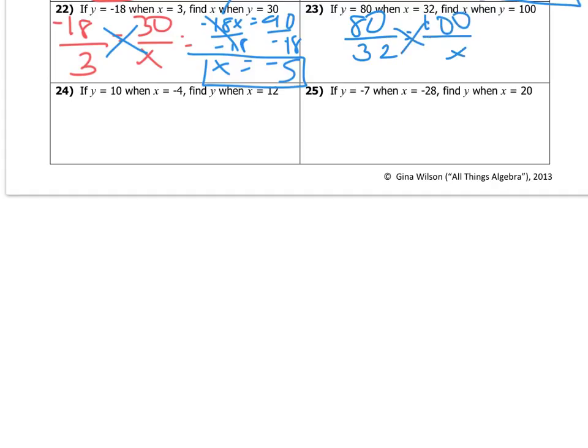Cross product, and when you do that, you get 80x equals 3,200. I can't even write it in, it's too small. I don't have enough room. I'm going to move it down. And then divide both sides by 80, and x equals 40.